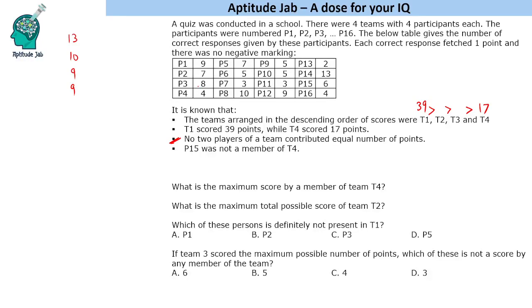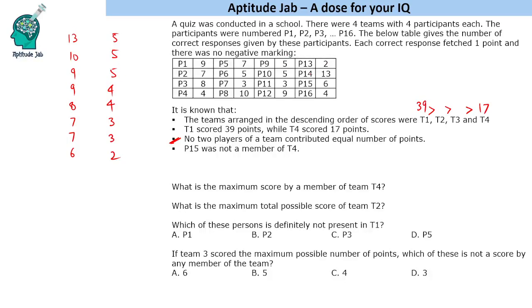Then it is 8 by one player. Then two players with 7 points. One player with 6. Three players have 5 points each. 4 points, two players. Two players with 3 points also. And one player with 2 points.